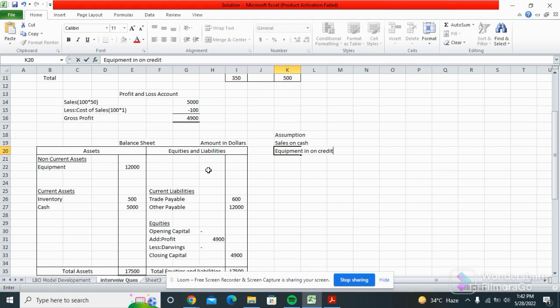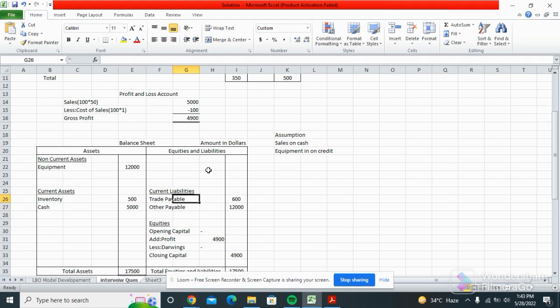If we sell this inventory on cash, we have cash of $5,000 in the current asset portion of the balance sheet.